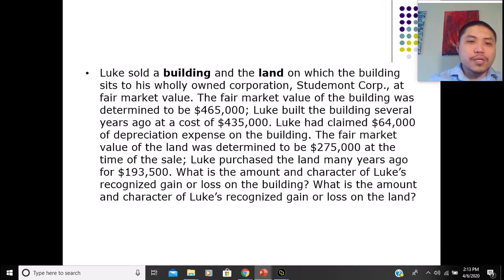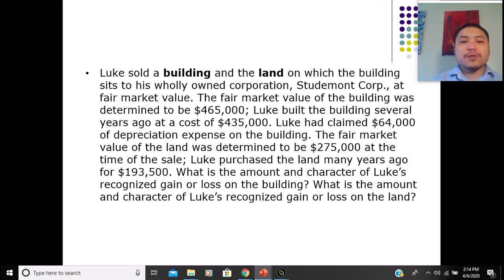Luke sold the building and the land on which the building sits to his wholly owned corporation, Studmont Corp, at fair market value. The fair market value of the building was determined to be $465,000. Luke built the building several years ago at a cost of $435,000, and has claimed $64,000 of depreciation expense on the building.